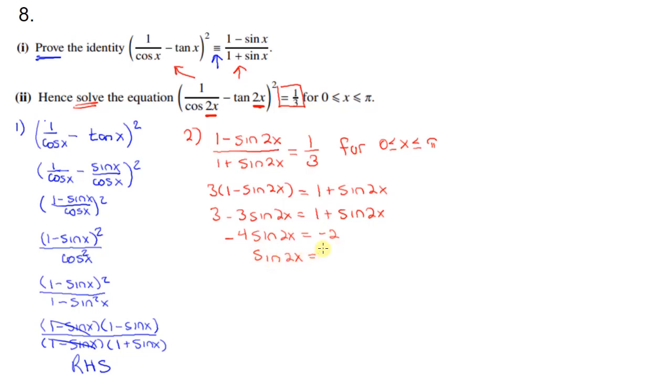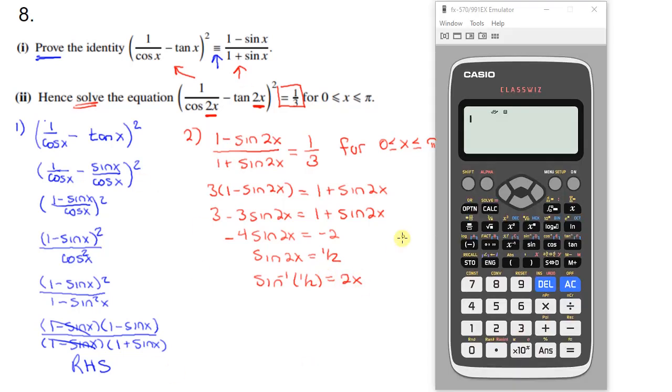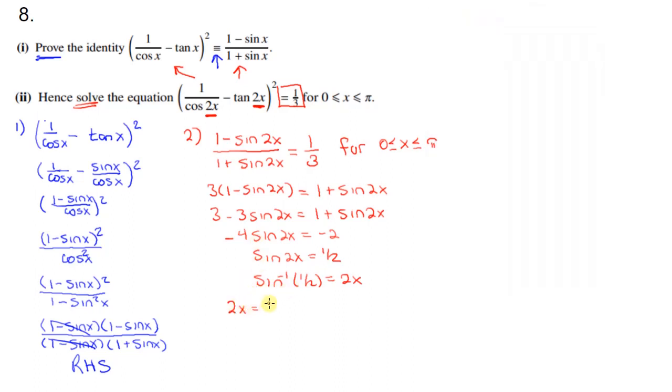And now I'm going to divide, and I end up with sine inverse of 1/2 is going to equal 2x. So I go and make sure I'm in radians. And once I get radians, I go and do the inverse sine of 1/2. And I find out that it's equal to 1/6 pi, which is the same thing as pi over 6.